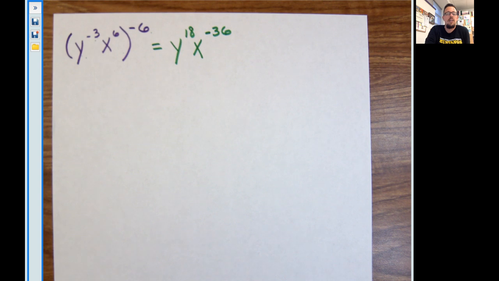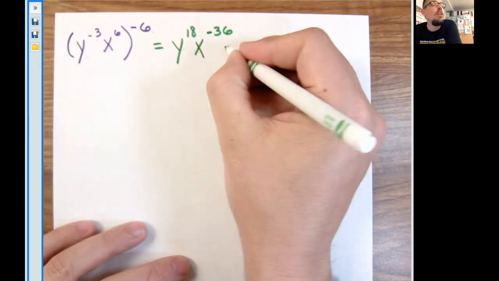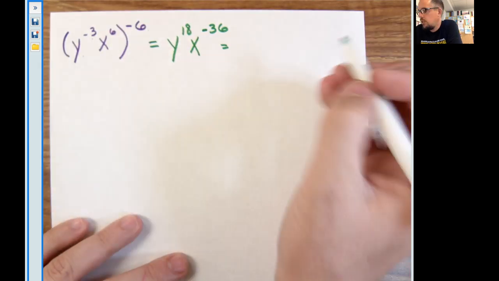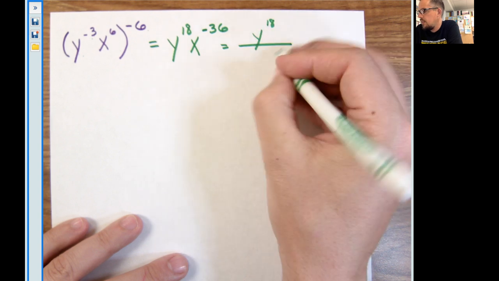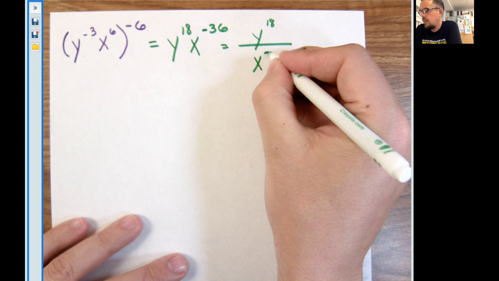But we've got a negative. Let's take care of that. Yep, so, well, not all of it, because the y is fine. Yeah, just the x. So the y to the 18th could stay. It's the x to the 36th that's got to come down.